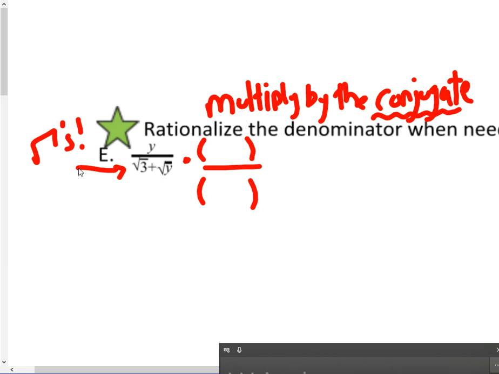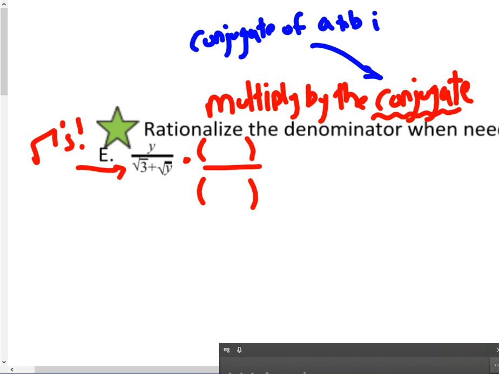Basically, the conjugate of a plus b is a minus b. It's just switching that addition to subtraction, but keeping the order the same.